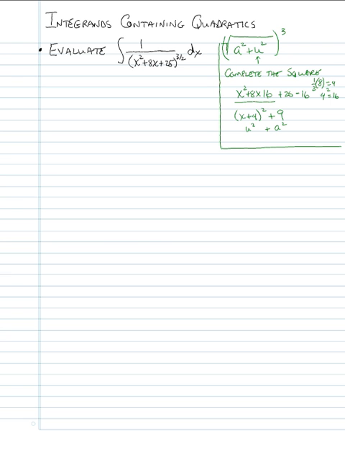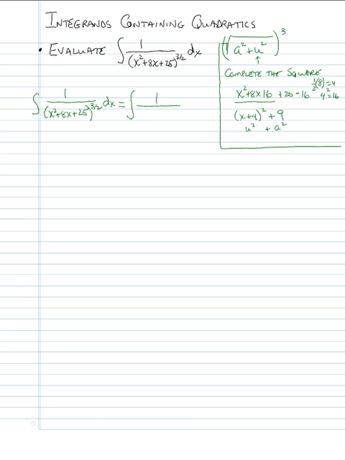Okay, we're going to come over here and evaluate this integral. We're going to try to use trigonometric substitution. The first thing we're doing is using the fact that we can complete the square in that denominator.